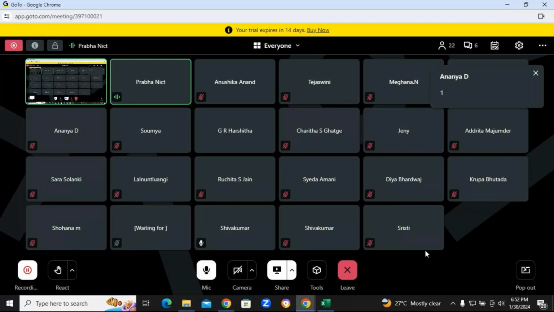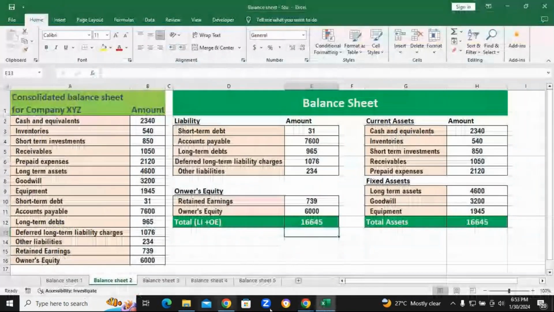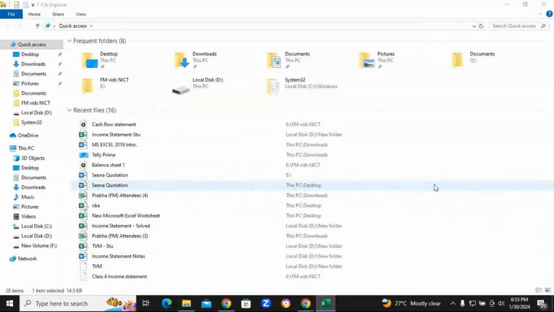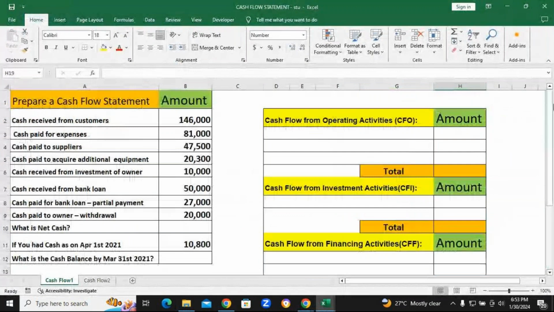Okay, very good. So hope you people have downloaded the cash flow statement. Let's open up with cash flow statement.